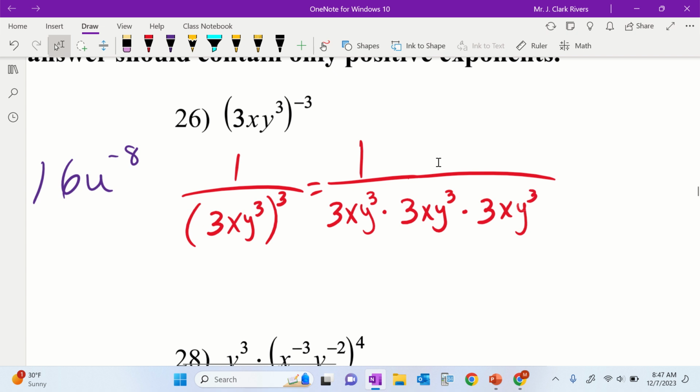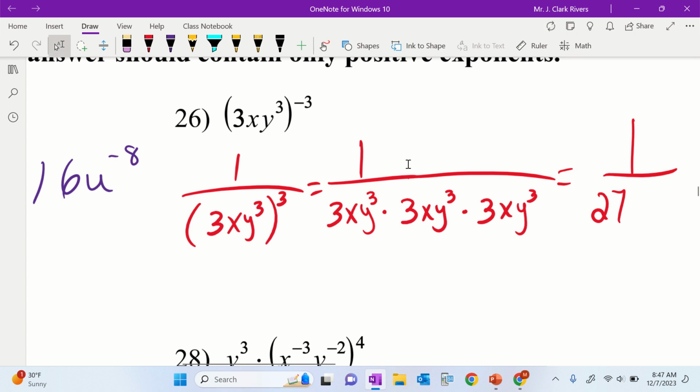So again, the reason we did this was negative exponent, drop that whole thing down to the denominator, and that exponent changes to a positive. Then you're going to multiply your exponential base of 3xy cubed by itself 3 times. All right, here we go. 3 times 3 times 3 is 27.